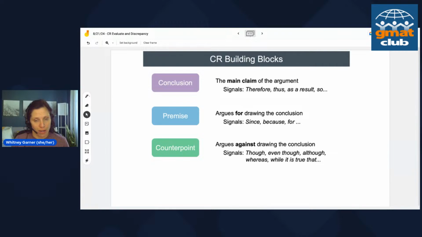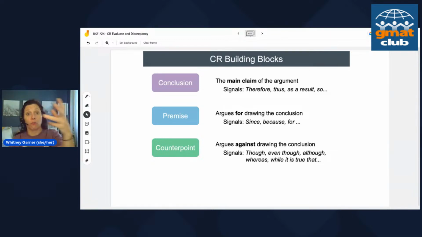This is different, and we'll see, from transition language that just switches direction. So words like but and however have nothing to do with whether something is for an argument or against it. In fact, words like but or however are just telling you that the argument is switching directions. So we might be going from a premise to a counterpoint.